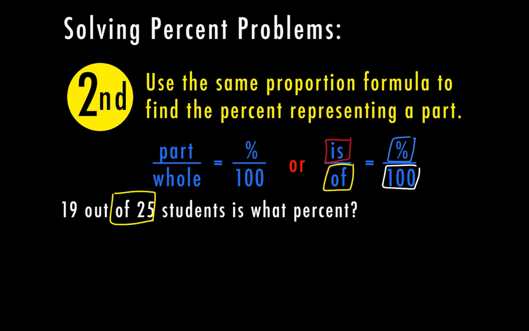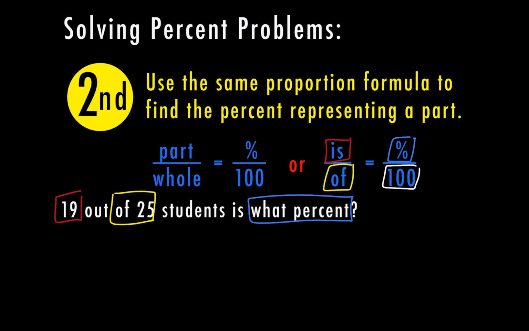Now I see is here, but it says is what percent, so that's not my is, that's going to be my percent. So the is is going to be 19. Even though it doesn't say is in front of 19, it says 19 out of 25, so that would be your part and your whole.